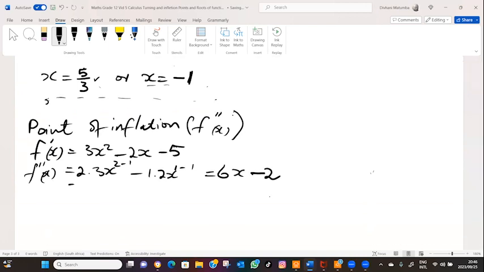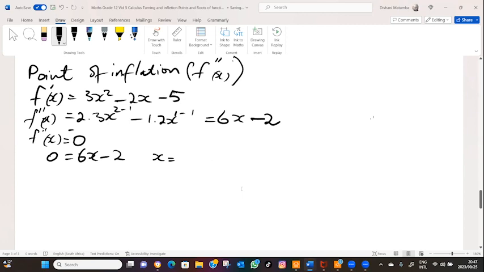Now, at the point of inflection, this is where the second derivative is 0. Therefore, when 0 equals 6x minus 2, we have x equals, if you take 2 to the other side, 2 divided by 6, which is 1 over 3.